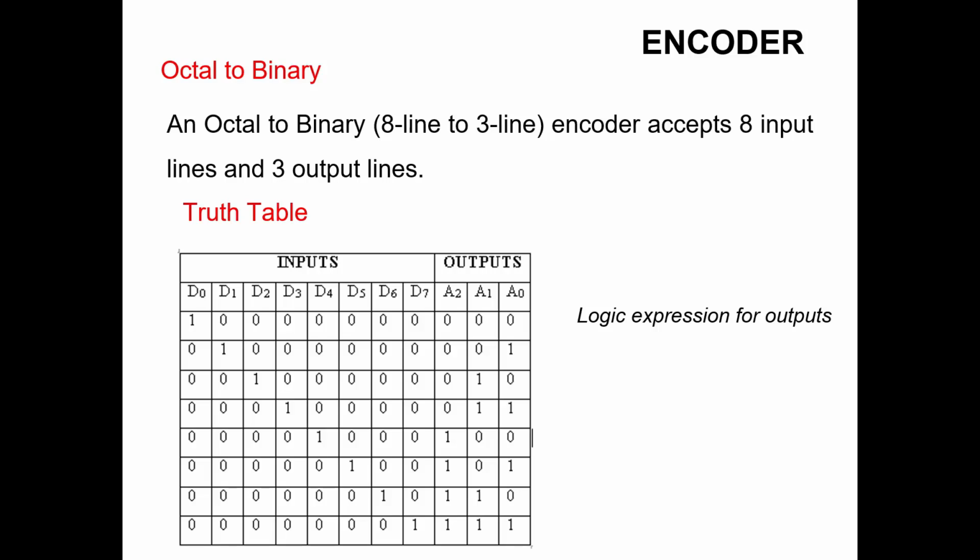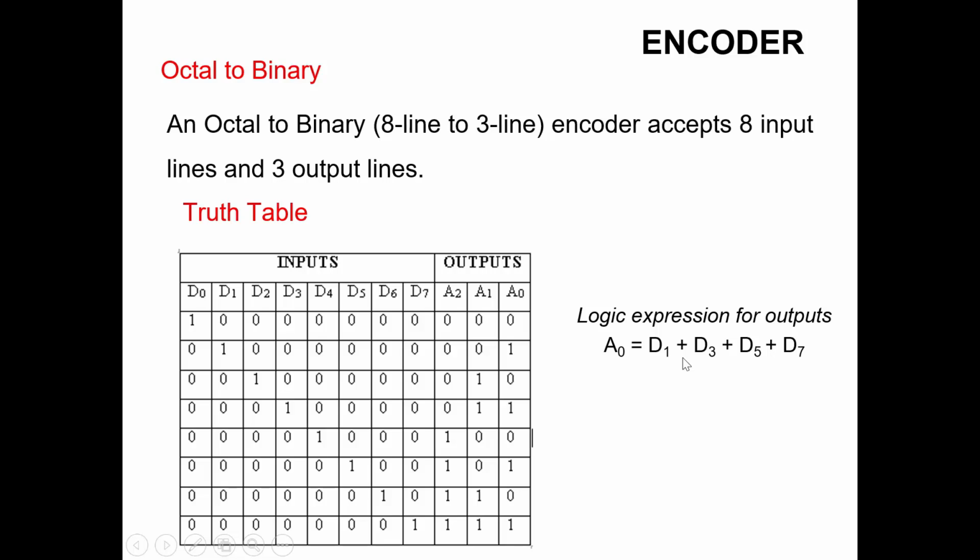For the logic expression of the outputs, we have A0 high when D1 is high, D3 is high, D5 is high and D7 is high. So we can write A0 is equal to D1 or D3 or D5 or D7.